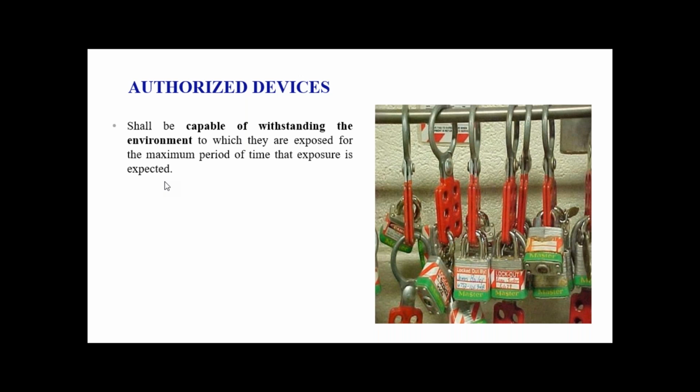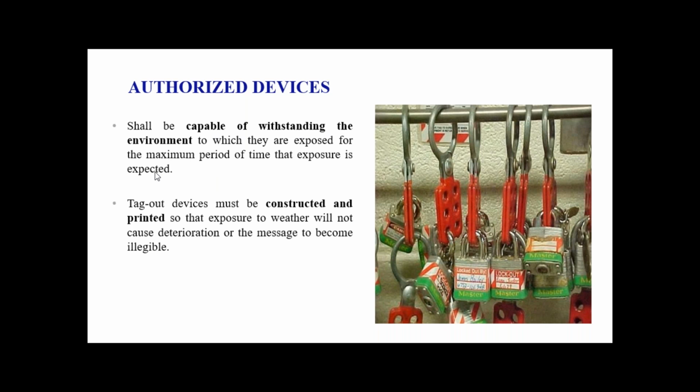In some working environments the humidity is more, in some there is chemical exposure, in some the temperature is more, in some the ventilation is improper, and likewise. So depending on the condition, you have to observe whether all these devices are capable of withstanding the environment for that exposure time.